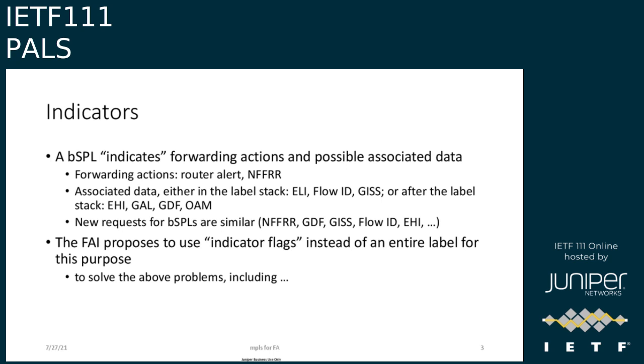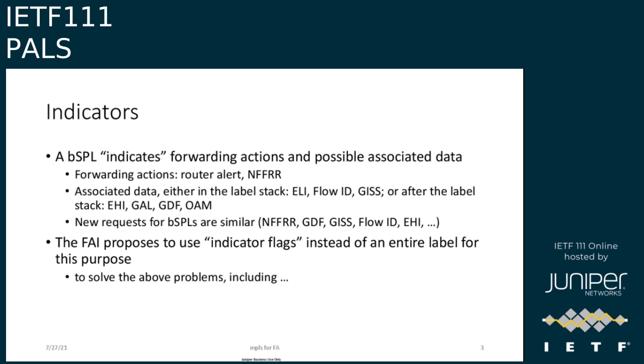And the associated data is sometimes in the label stack, like the entropy label indicator, flow ID, or the slice indicator, or sometimes it is after the label stack, like the extended header indicator, the GAL label, GDF, or OAM.